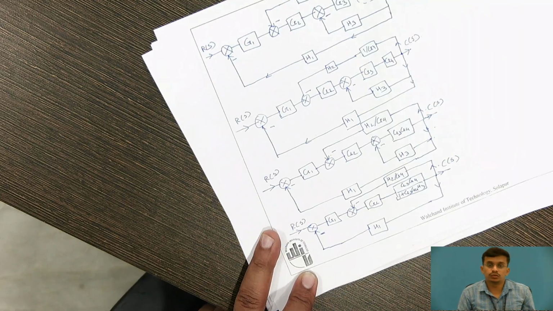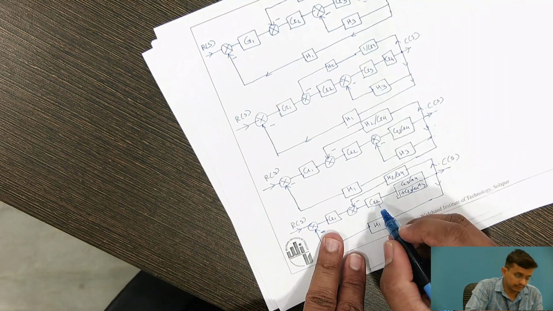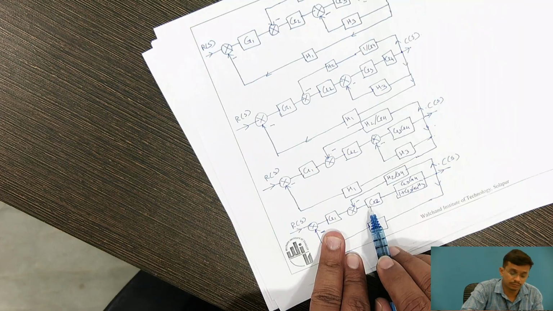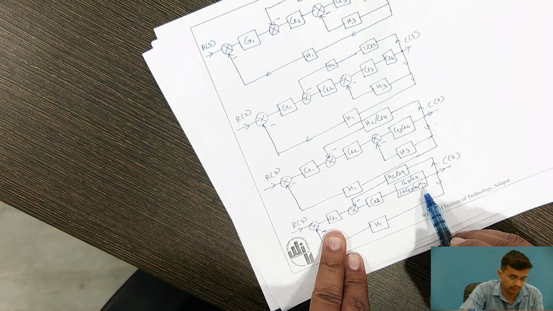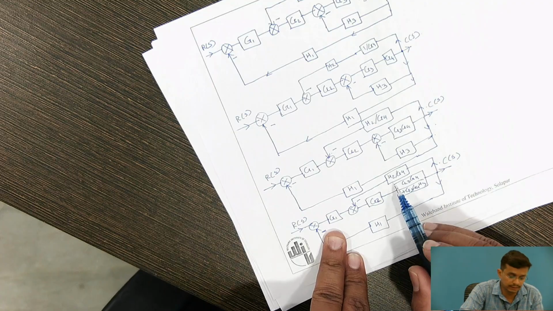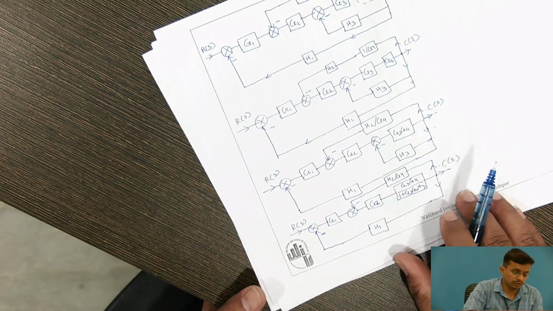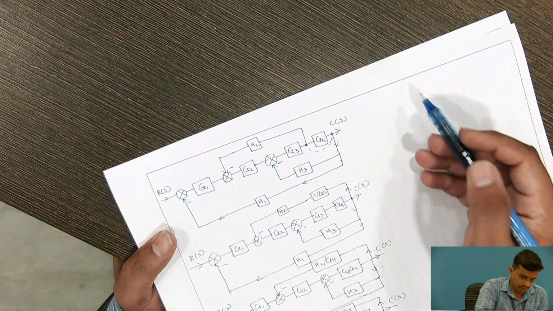Now this G2 block and this G3 G4 upon 1 plus G3 G4 H3 block, these two blocks are in series. So we will multiply these two blocks and the resultant block diagram will be like this.